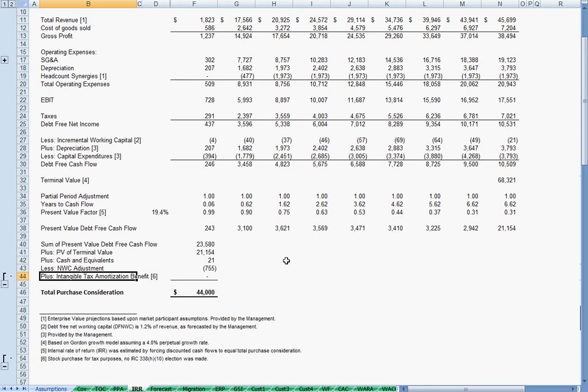In other words, for tax purposes, if the acquisition was an asset acquisition, or if it was a stock acquisition with a 338 election made, in both of those situations you have to calculate the intangible tax amortization benefit. If it wasn't the case, then you have to make sure that you include the NOL, net operating losses, calculation, if there were any on the target's books.